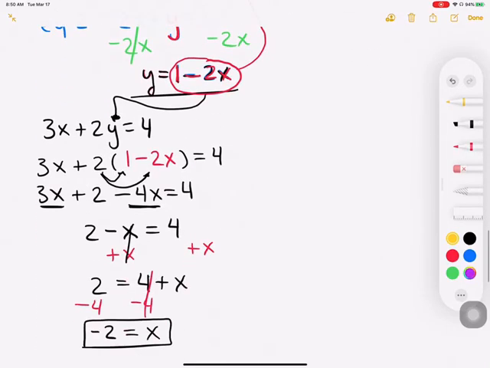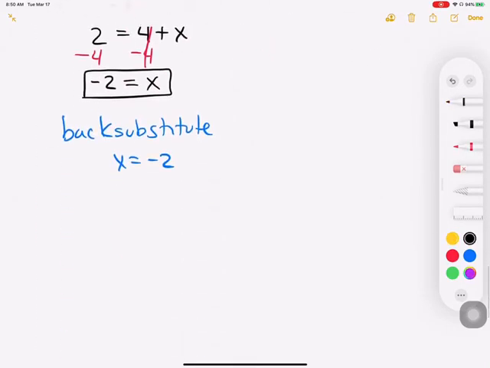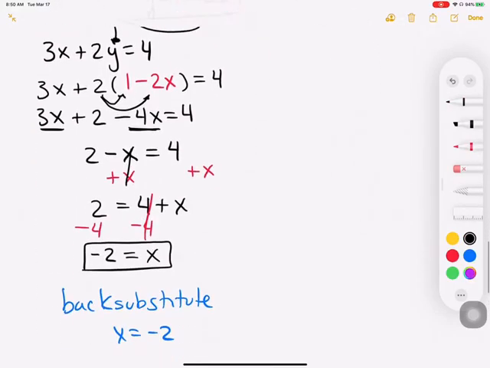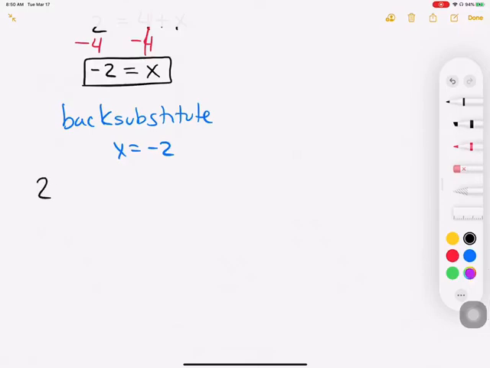Okay, so I'm going to take my second equation, which is 2x plus y equals 1. And then I'm going to replace all of the x's that I have in my equation with negative 2.